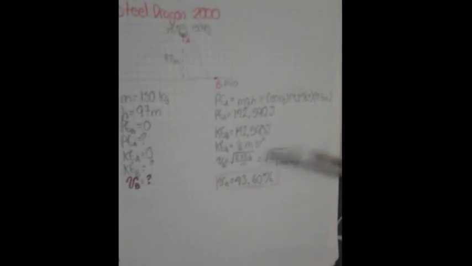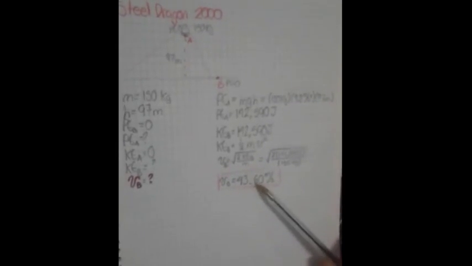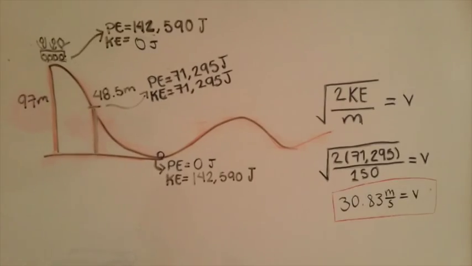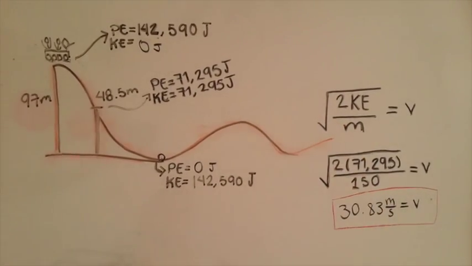And the final result, the velocity when the car is in the bottom, is equal to 43.6 meters per second.